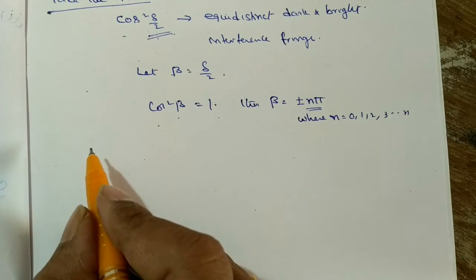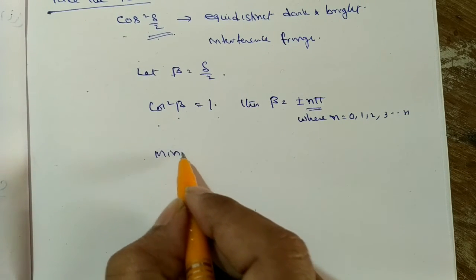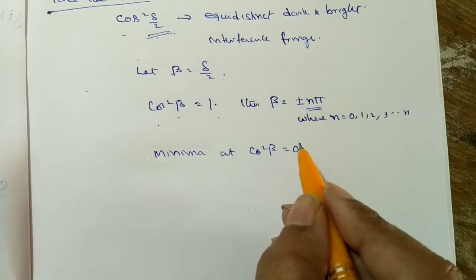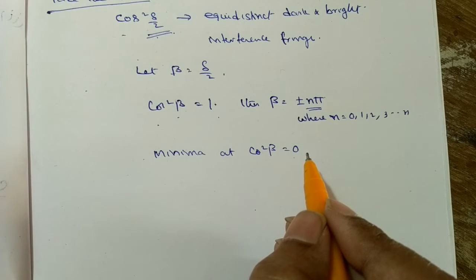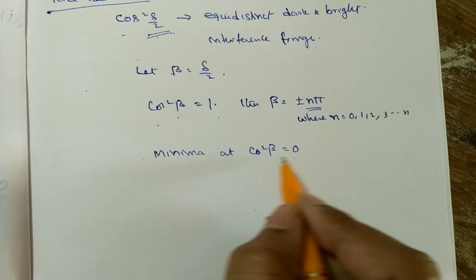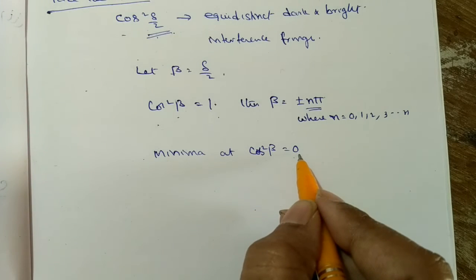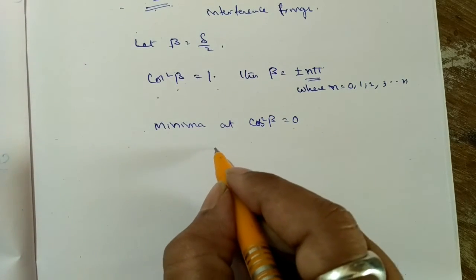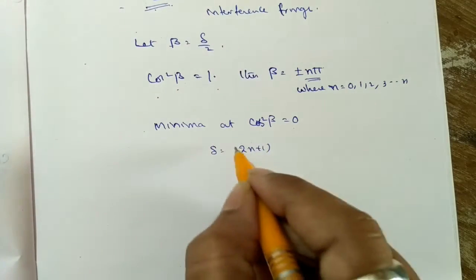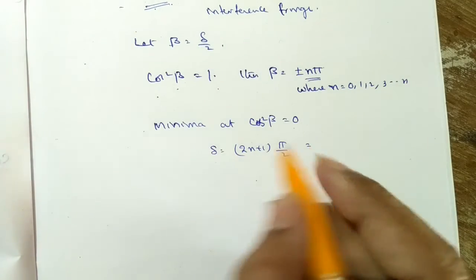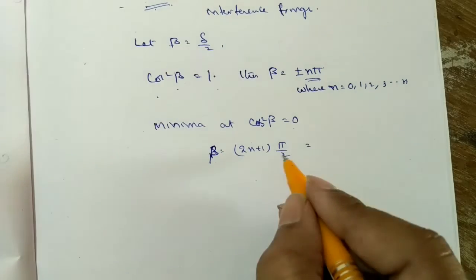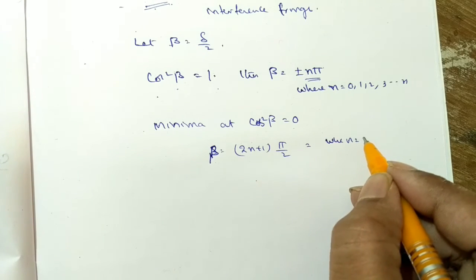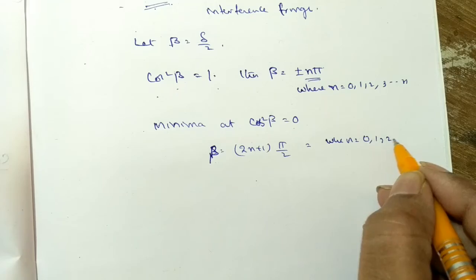Now the minima is at cos square beta equal to 0. Cos square beta equal to 0 gives the minimum. Then delta is equal to 2n plus 1 into pi by 2, that means beta is equal to 2n plus 1 into pi by 2, where n is equal to 0, 1, 2, 3 up to n.